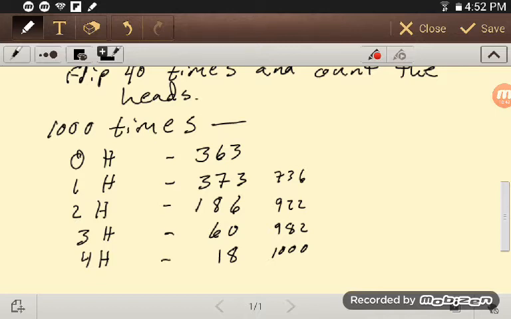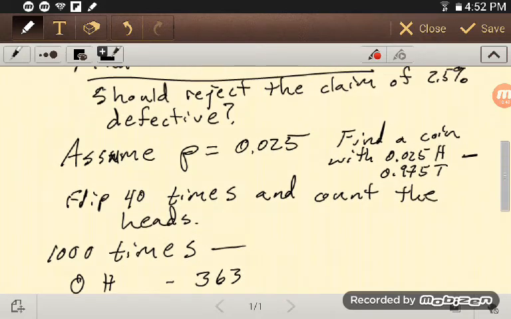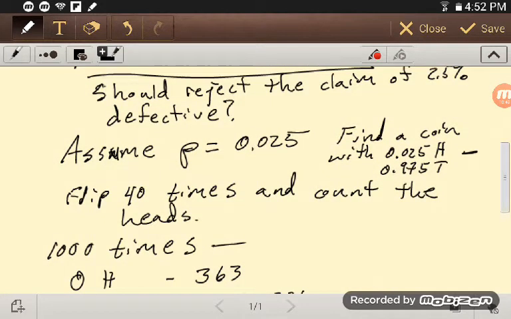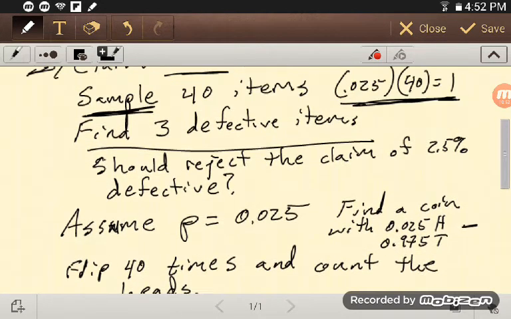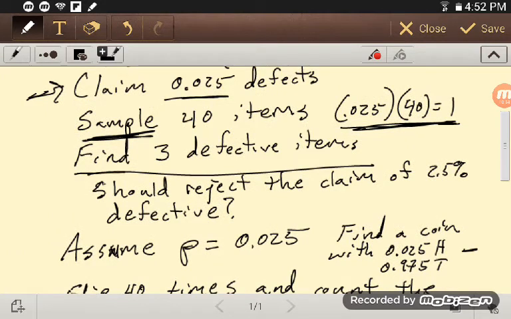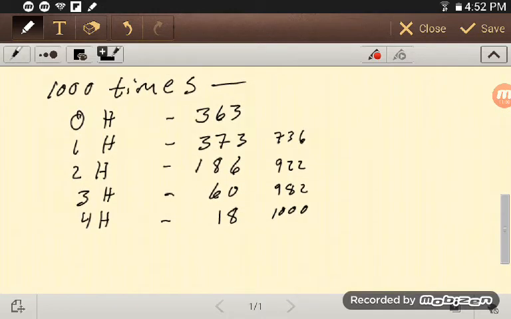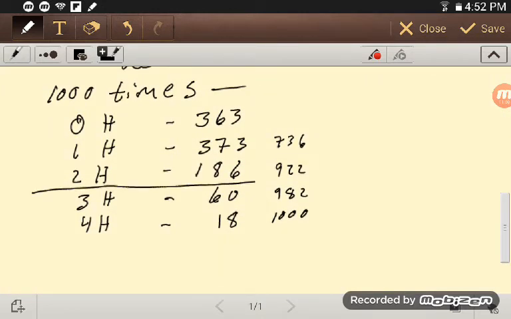So again, our data, right? We found 3 defective items in our sample of 40. And so that's what we found.